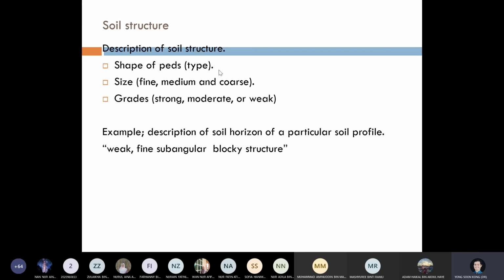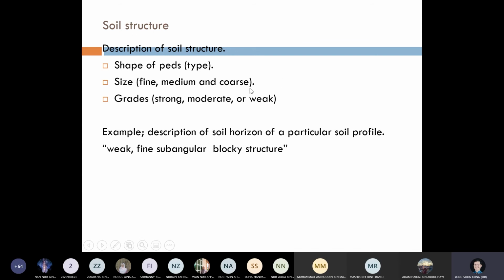Are they fine, medium, or coarse? If it's fine, that means clay is there. If it's coarse, that means more sand is there. So the description given to soil structure is closely associated with texture as well, because in terms of texture, you also need to define whether they are smooth or coarse, which indicates the presence of clay and sand respectively.